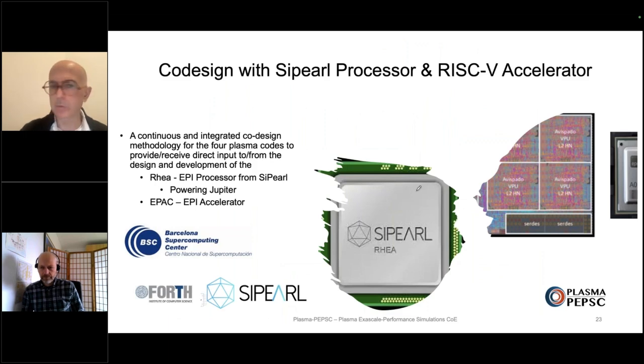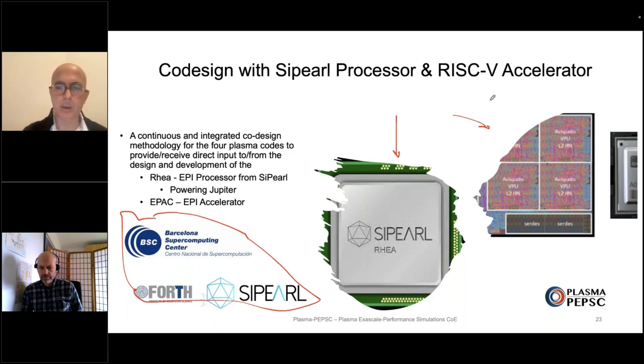I just want to say a few words. We also have extremely exciting work on so-called co-design, working with the code on a simulator and the first prototype of the Cyper ARM processor. So this is a simulator and the EPAC RISC-V accelerator.